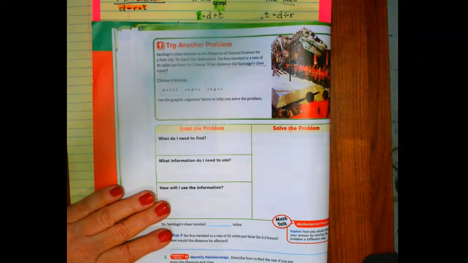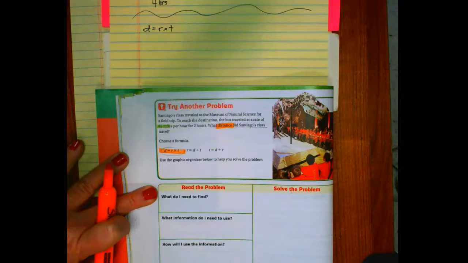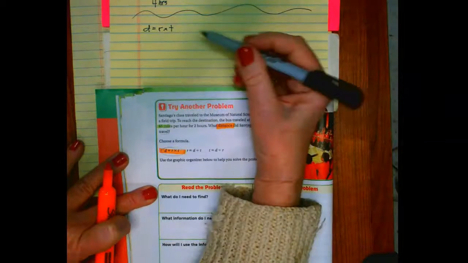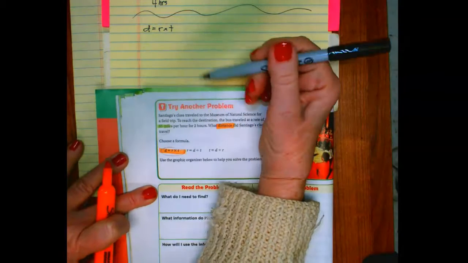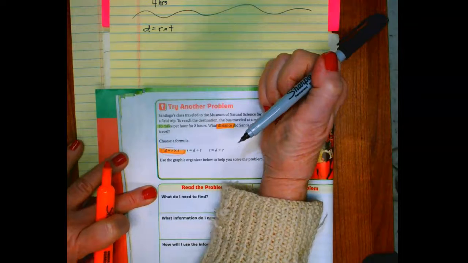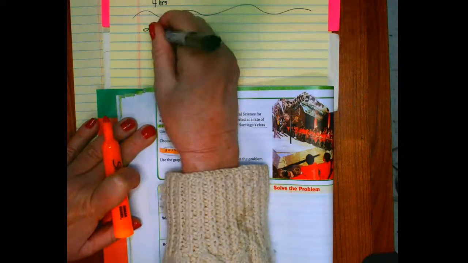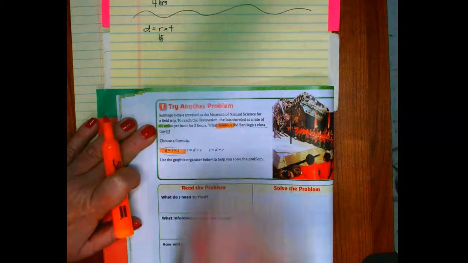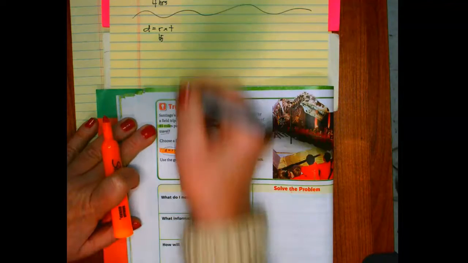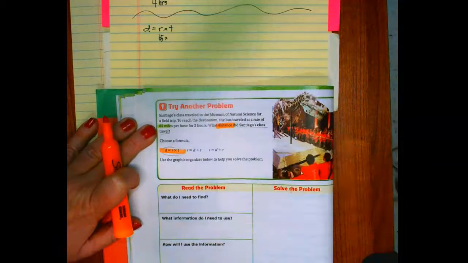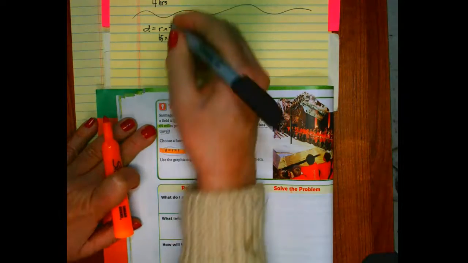Well, since the question is what distance did Santiago's class travel, you're looking for distance, so that would be the correct formula. It's always a good idea to write it down and then underneath put in the information that you know. So we know that the rate of speed was 65 miles an hour, and that's multiplied by the time that they traveled, which was 2 hours.